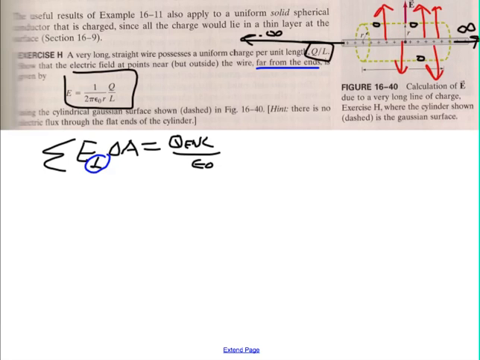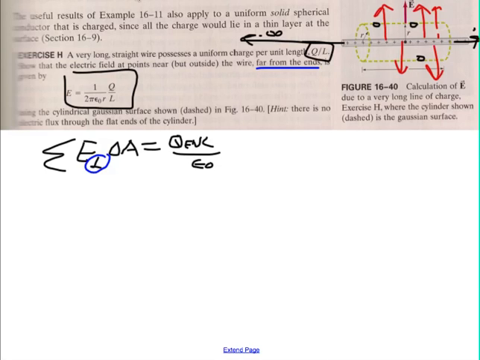Remember, when we're thinking flux, it's only the perpendicular components. So maybe some of those E lines are kind of going out this way, you know what I mean? And coming back down to a positive charge over there or negative charges over there possibly. But when we're doing flux, we're only thinking about things that are perpendicular.